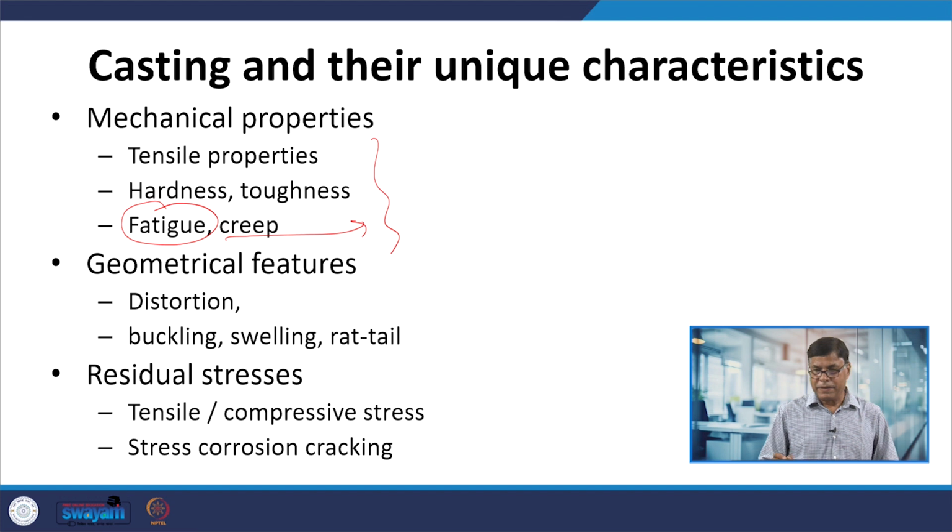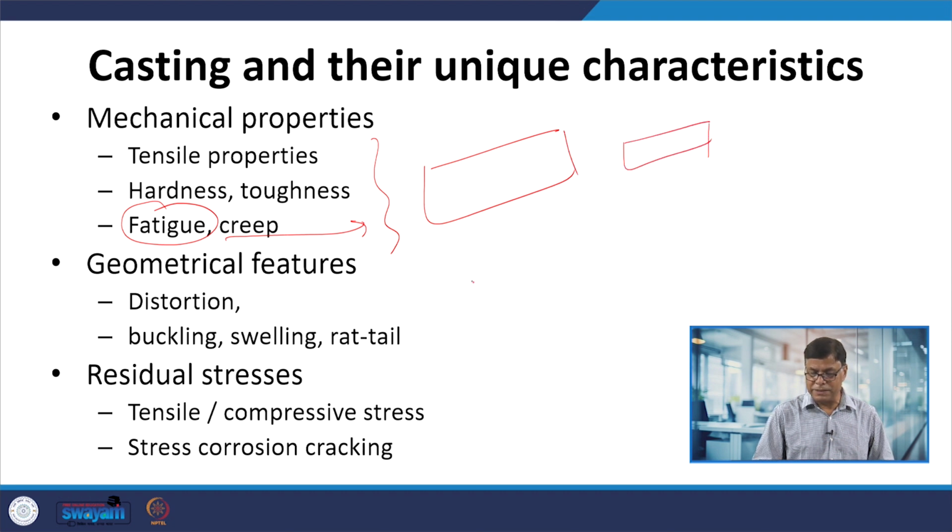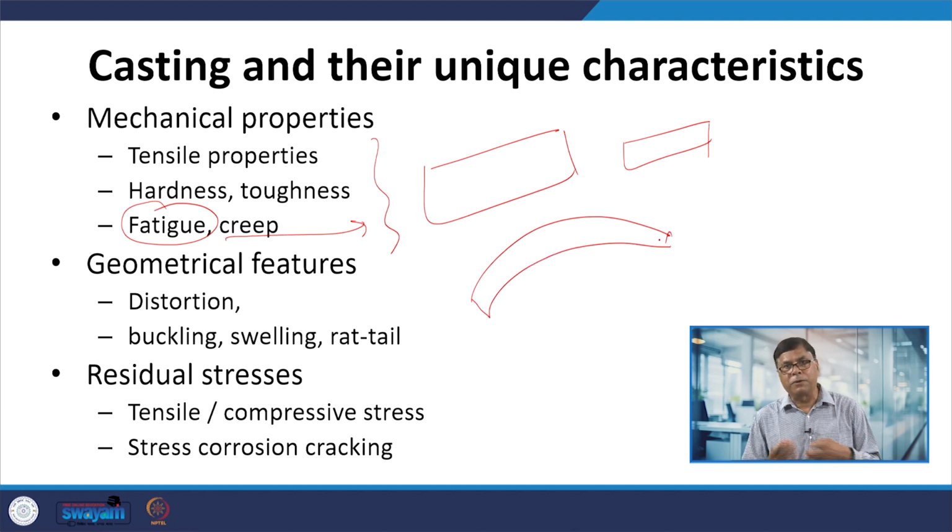As I said, the components being made by casting may have a variety of geometrical features, like in one section it is very thick, another section it is very thin, in one section it is very flat, another section it is very curved. So, we may require a variety of geometrical features, with internal features or just external features, solid component.